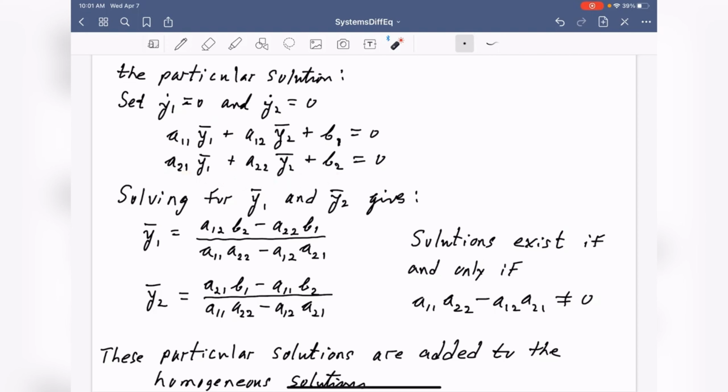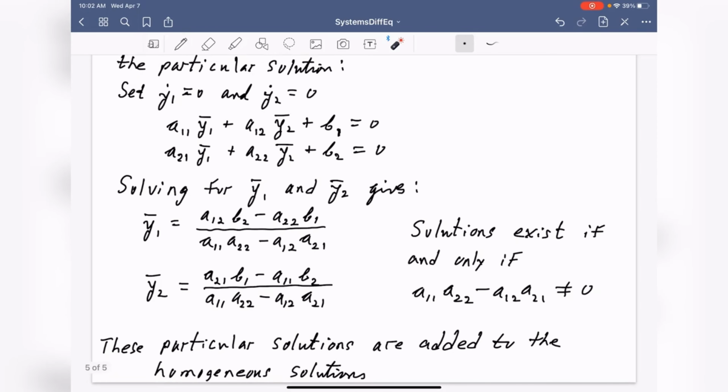We solve those for y1 bar and y2 bar, where y1 bar and y2 bar are the particular solutions. And that gives us these two results when you do that. And solutions exist only if, that's if and only if, this expression underneath here, which is the same under both of them, is not equal to 0. These particular solutions are then added to the homogeneous.